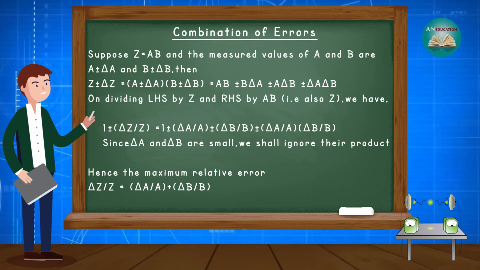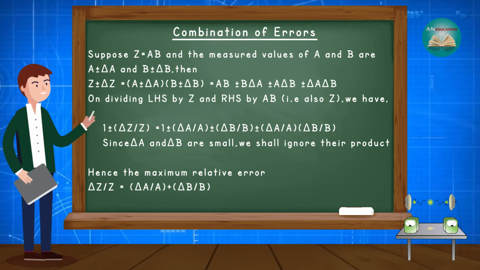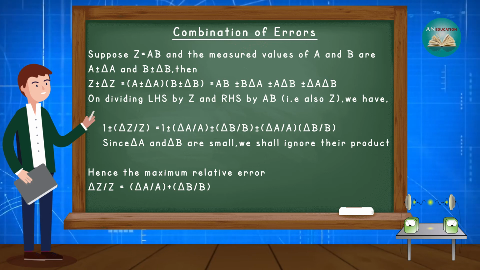Hence, the maximum relative error delta Z by Z is equal to delta A by A plus delta B by B.